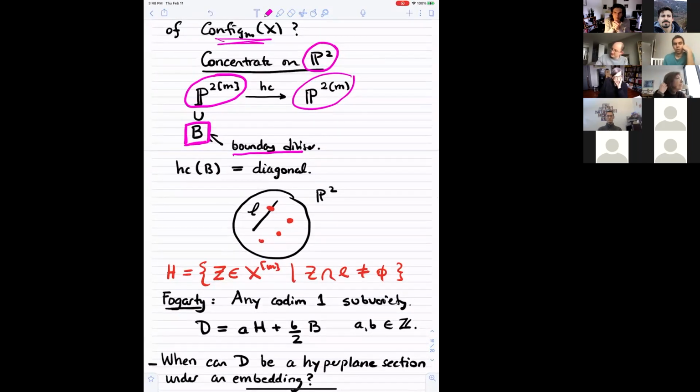Here is another kind of divisor that you can define. Again, we are working on P2.